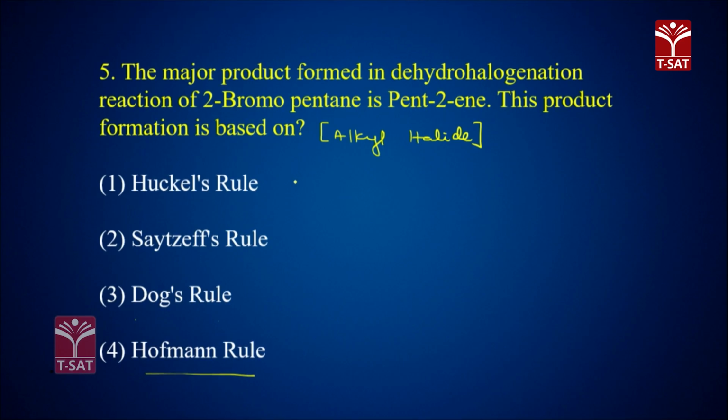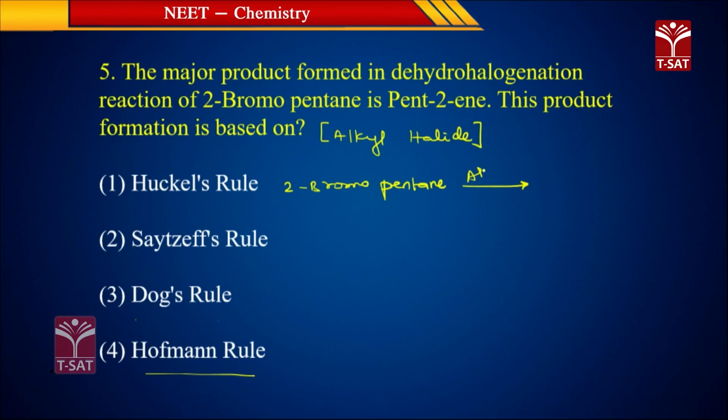See now, what he is asking is the major product formed in the dehydrohalogenation reaction of 2-bromopentane. Dehydrohalogenation, elimination. Elimination means what reagent do you have to use? Alcoholic KOH.